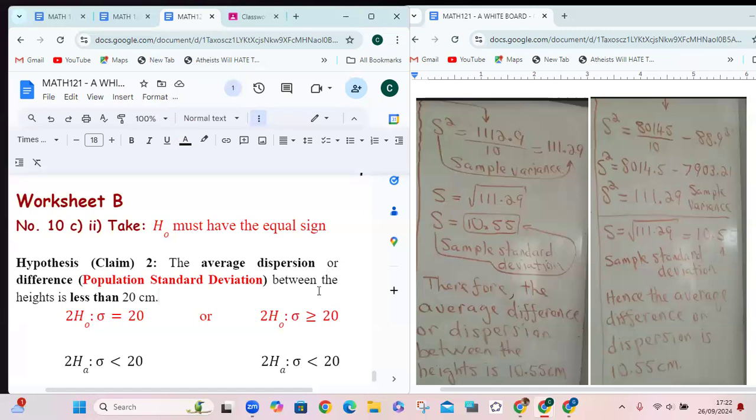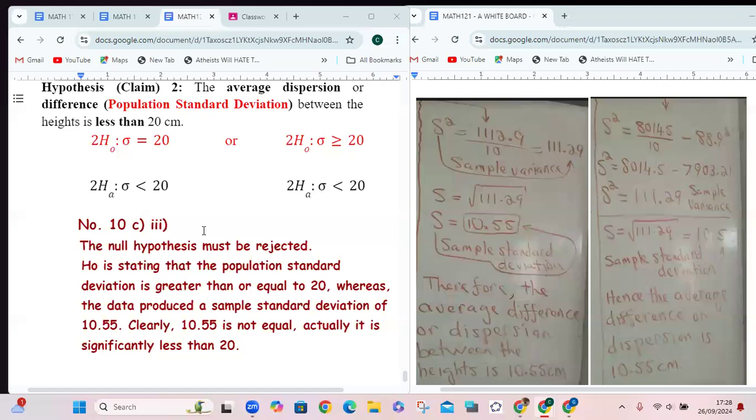So let's type that up. Therefore, the null hypothesis must be rejected. Why?